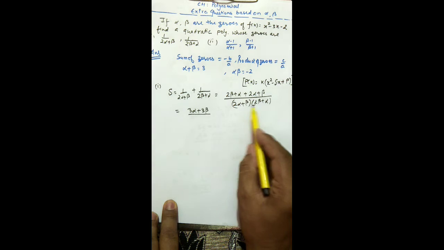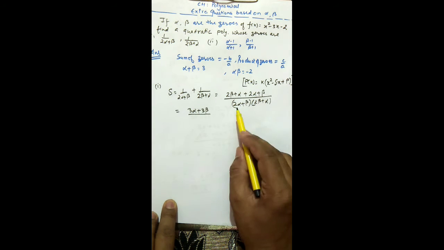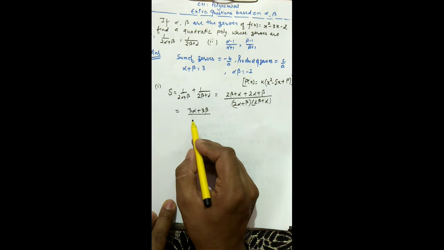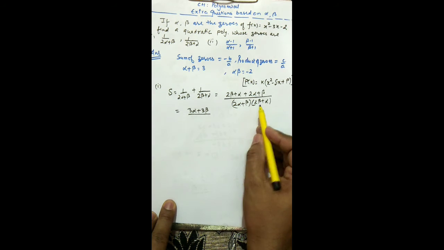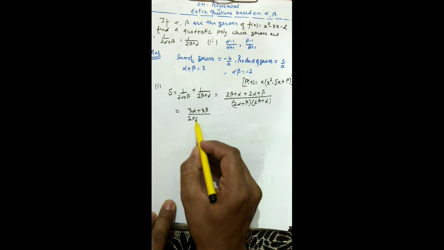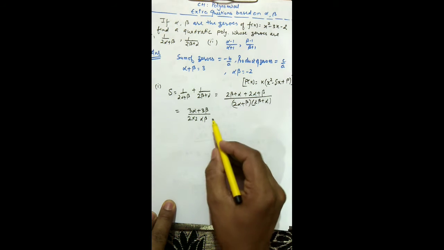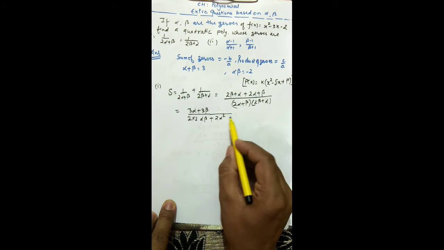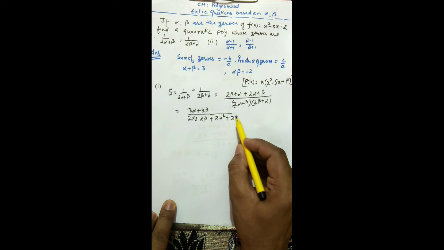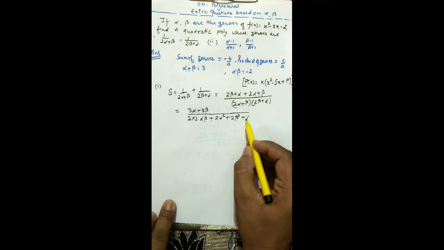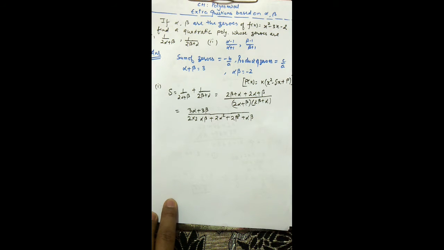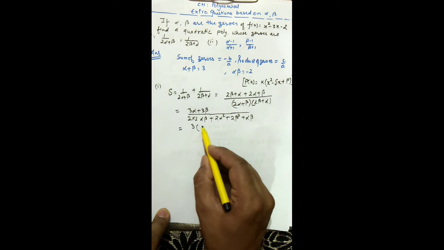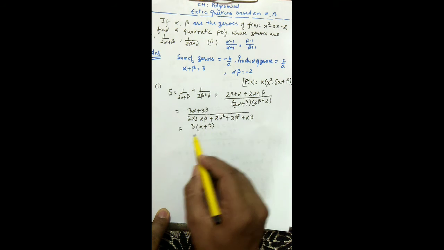And now in the denominator, you have to open the brackets. It can be written as 2 into 2 alpha into beta plus 2 alpha square plus 2 beta square plus alpha beta. Ultimately you take 3 common in the numerator, giving 3 times alpha plus beta.